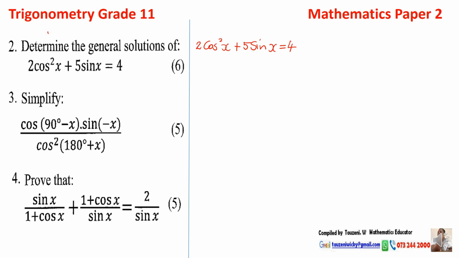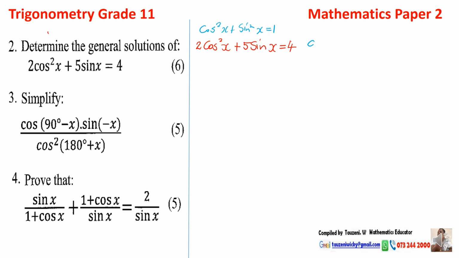The identity we apply here is cos squared x plus sine squared x is equal to 1. This is the identity that we use to solve the equation. So I'll say it again. If the equation has a sine and cos and one of them is squared, then we can solve the equation by applying this identity.